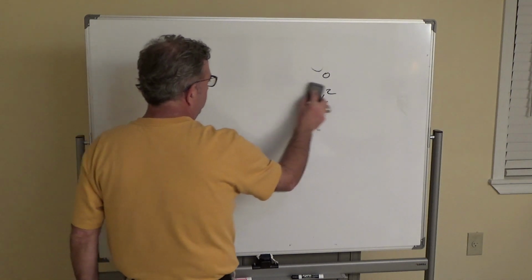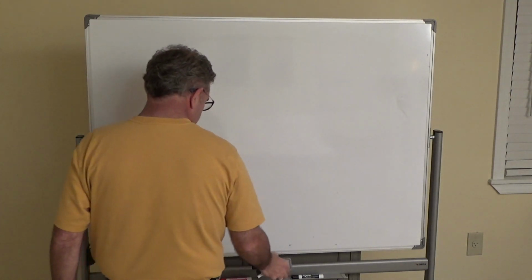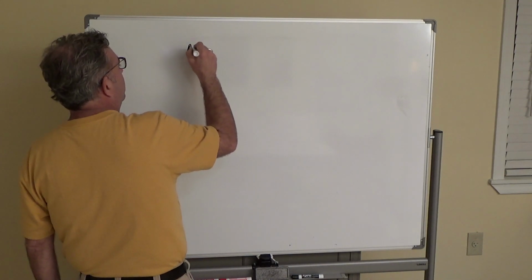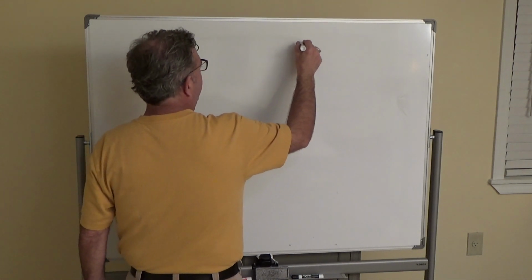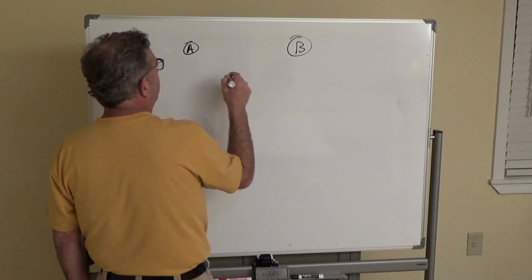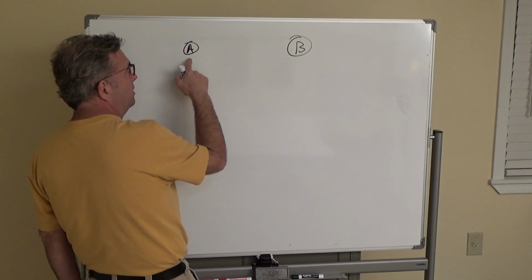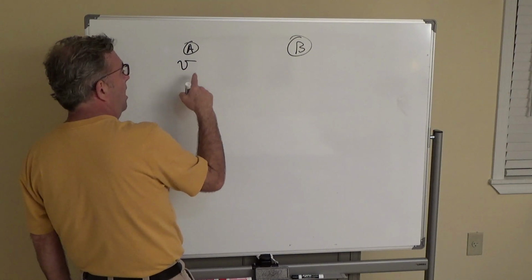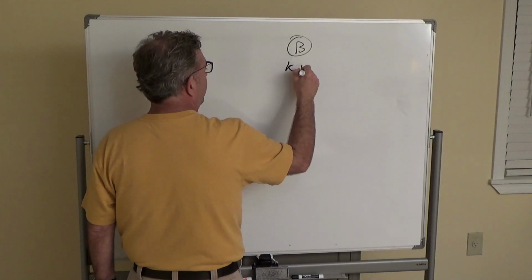Number 5 gives you some information about a particle moving between 2 points A and B. Okay? So the particle starts here and it moves to B. At A, you know the velocity. At B, you know the kinetic energy.